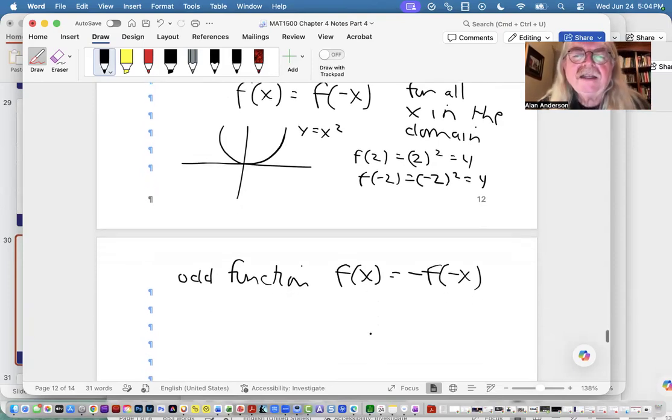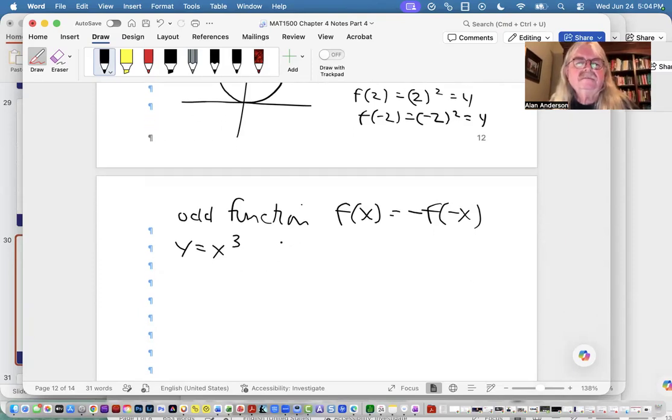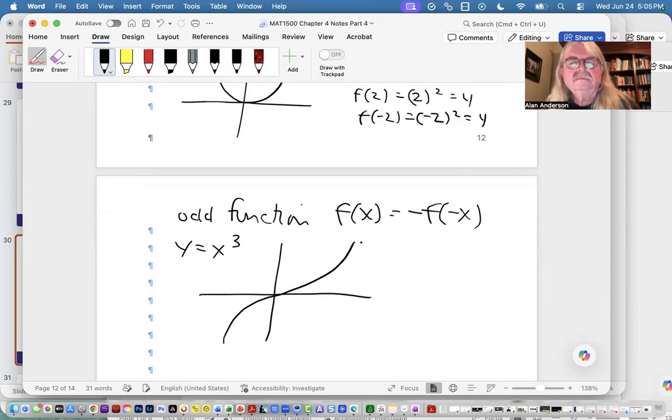Odd means this. So the classic example of this would be y equals x cubed. So for example, if x is 2, f of x is 8. If x is negative 2, wait, hold on, let me draw this in here.